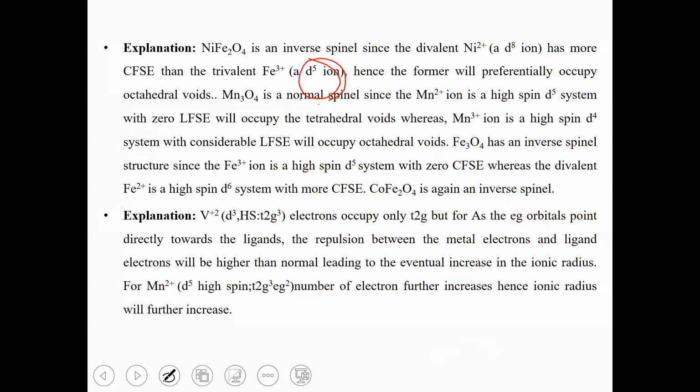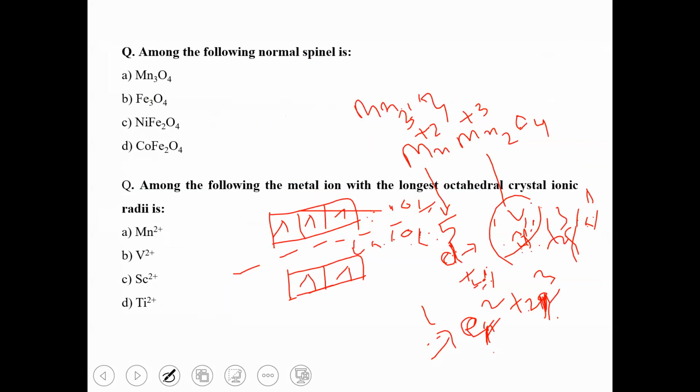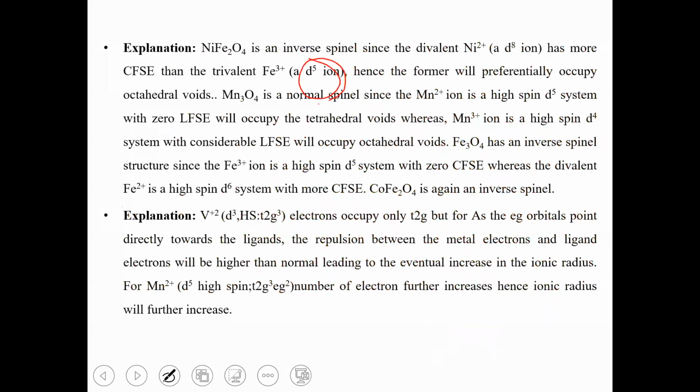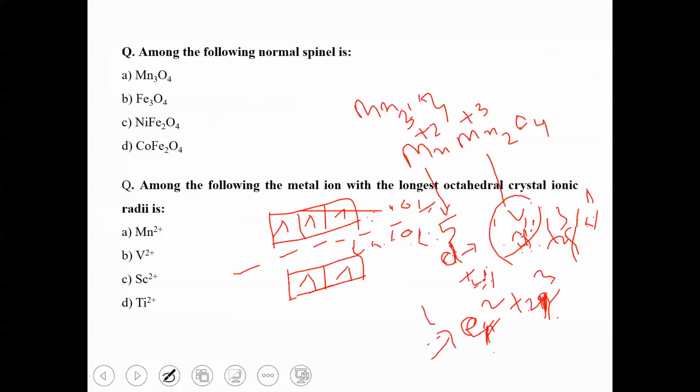And Mn+3 is a high spin d4 system with considerable ligand field stabilization energy, so it will occupy the octahedral voids, right? So Mn3O4 is a normal spinel structure, and the other three are inverse spinel. Okay.